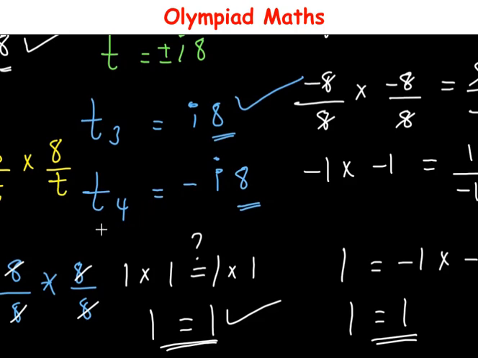Then the next one is the fourth value of T, which equals minus i times 8. Let's also check that out.